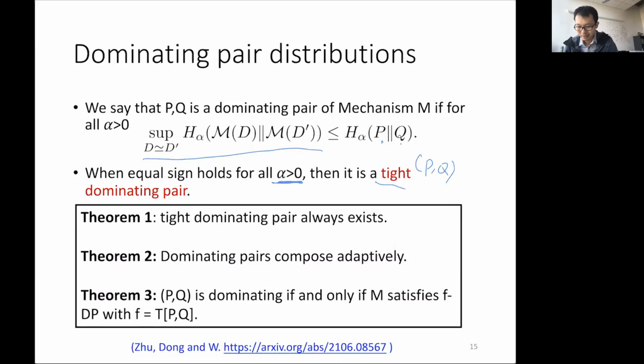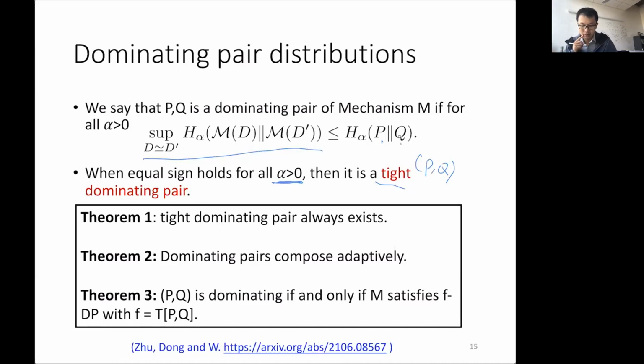What Theorem 1 says is that there always exists a single pair PQ such that the equal sign is taken for the entire domain of alpha. Okay, I won't be able to tell you how this is proven, but the existence of this PQ pair is already giving us hope that we can do something more general by composing the privacy profile.